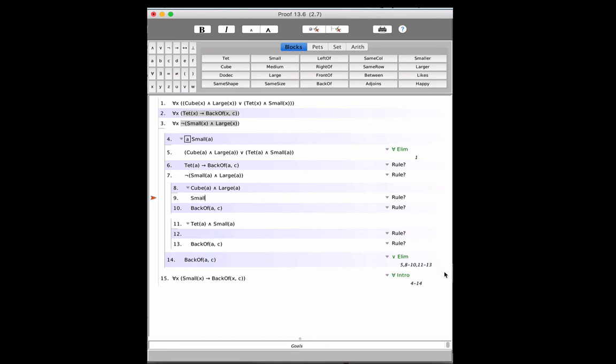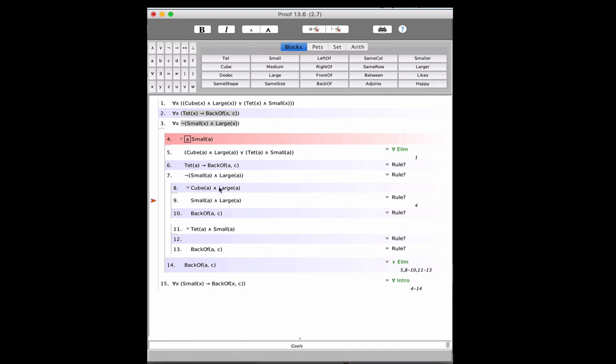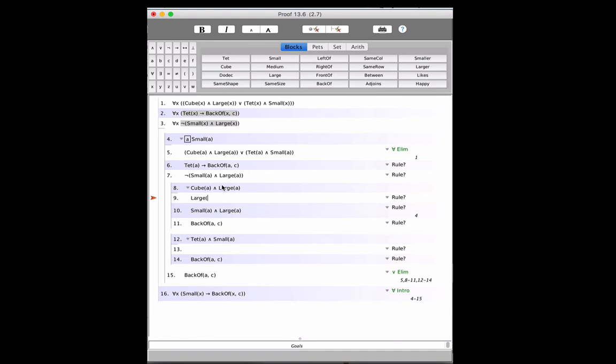So small A and large A, right, get you the claim. Oh, forgot to dismantle large A. Right, so small A and large A are conjoined to get the sentence A is small and large.